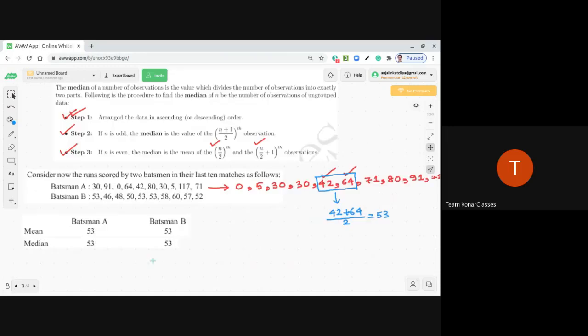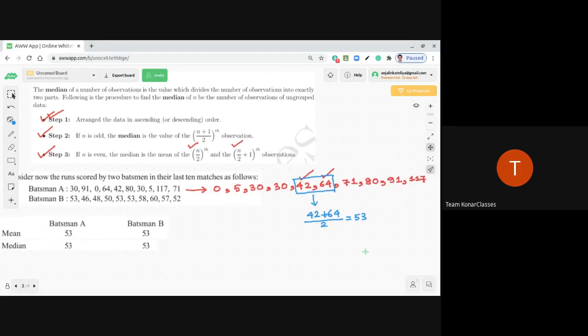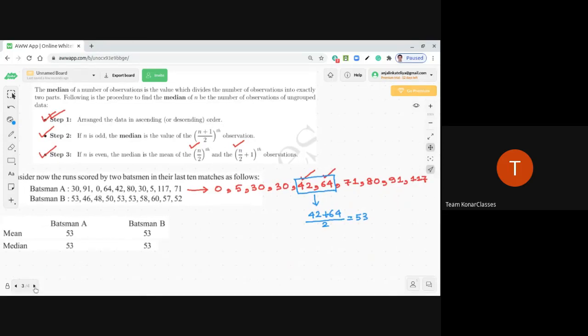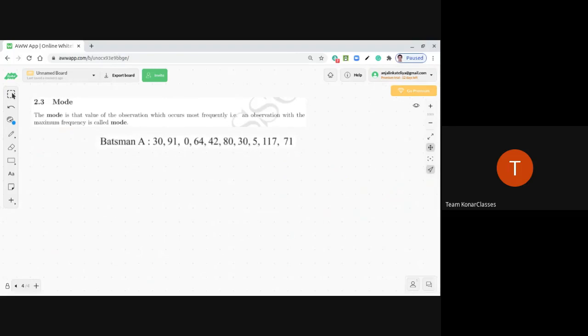What is the maximum number of times a value occurred? If you look into it, you will find it is 30, isn't it, dear students? So you can say the mode is 30. So I repeat, dear students, the mode is the value of the observation which occurs most frequently. That is, an observation with maximum frequency is called the mode.